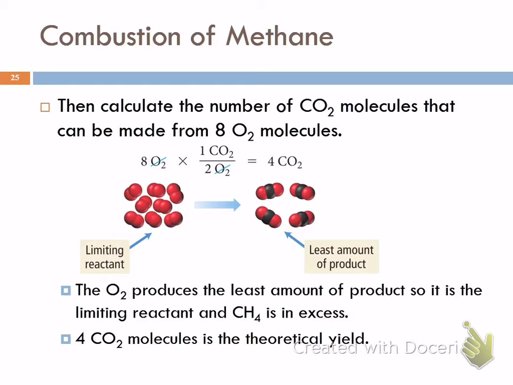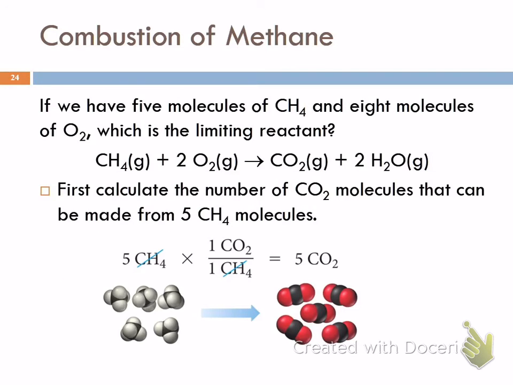Can you go back to the actual equation? This one? Yeah. So we get 1 CO2 for 2 oxygens, we get 1 CO2 for every 1 methane. Okay. So there's 1 carbon that's unmatched. Well, there's 1 carbon in here, and it shows up in there.